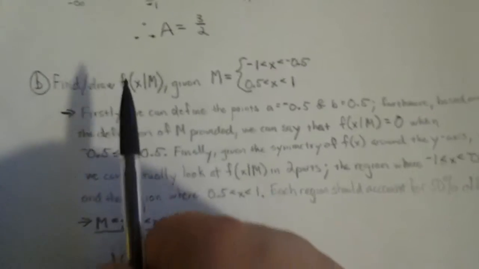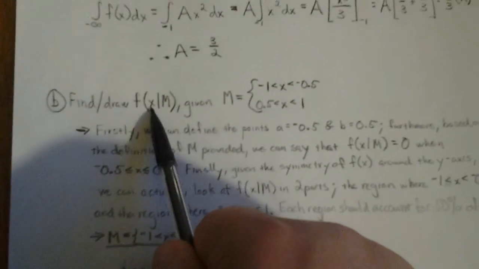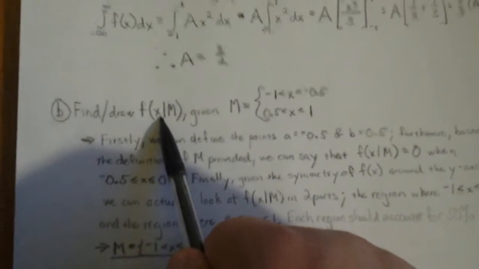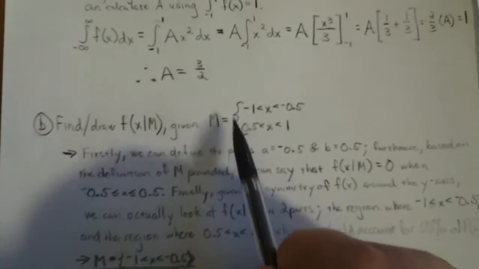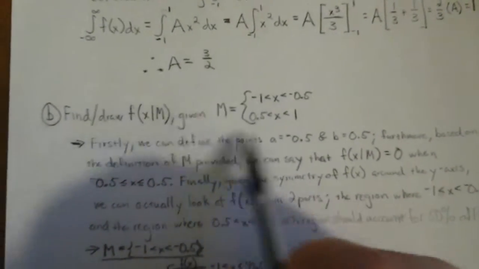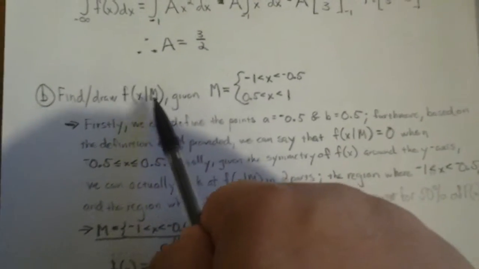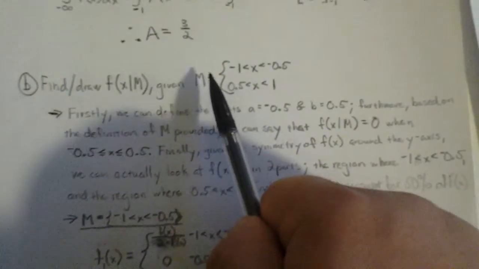So the question is that they want us to redefine our density equation given that we are specifically working within this M region. We have to make sure that this condition is met.